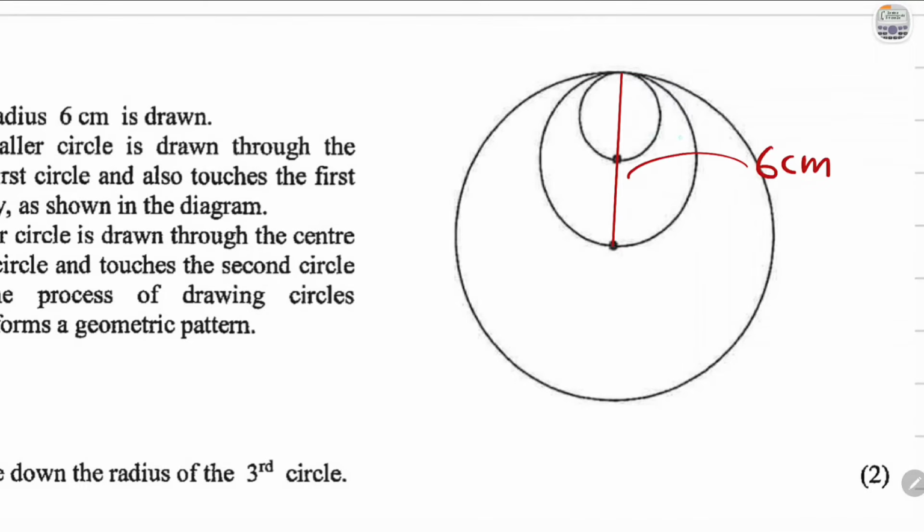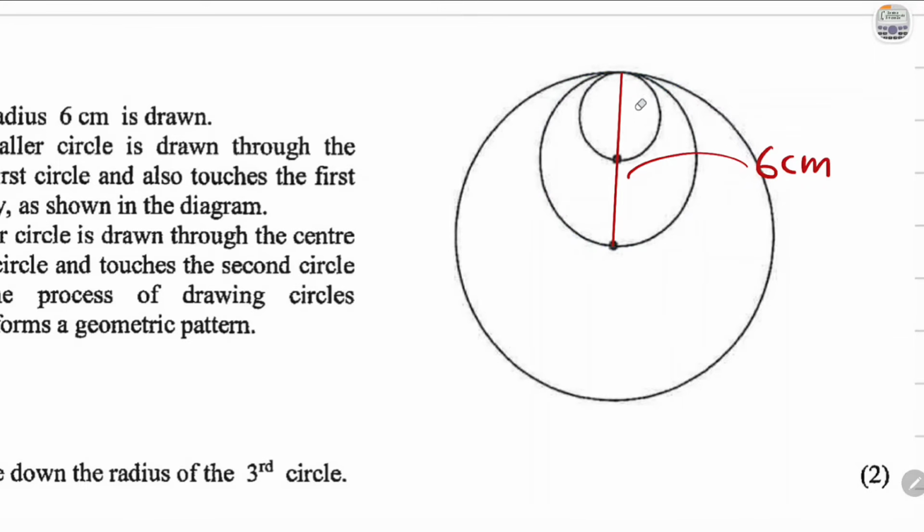That would mean that in reference to this second circle, that radius is actually a diameter, because it's going from one part of the circumference to the other part, and it passes its center.